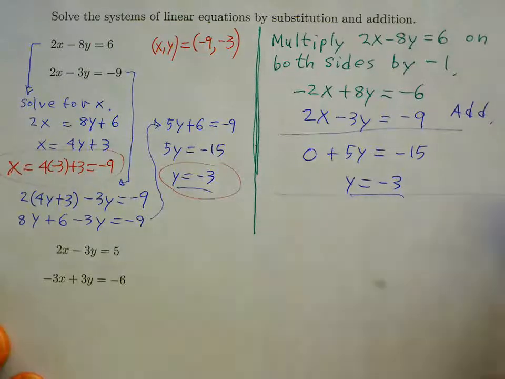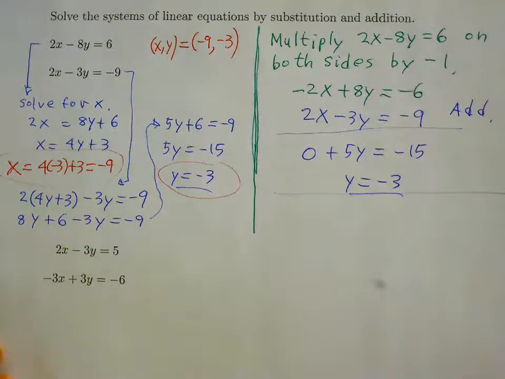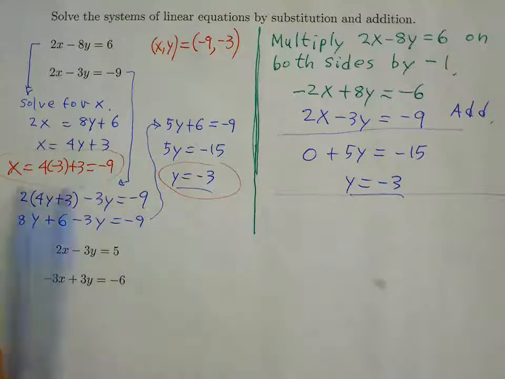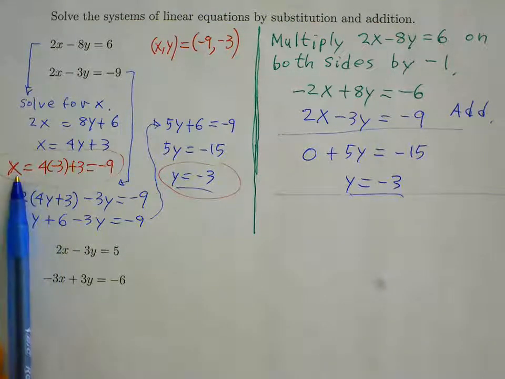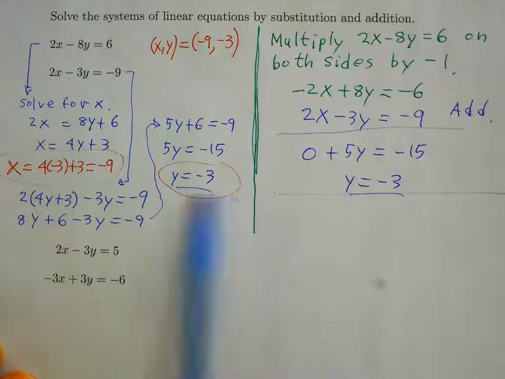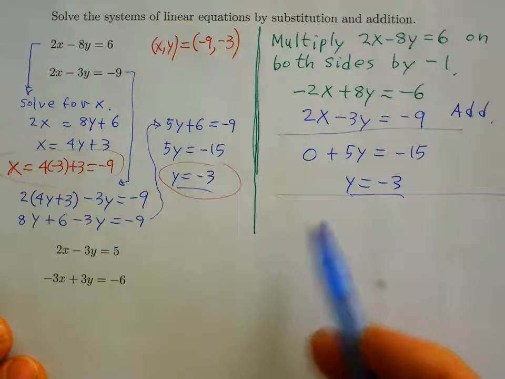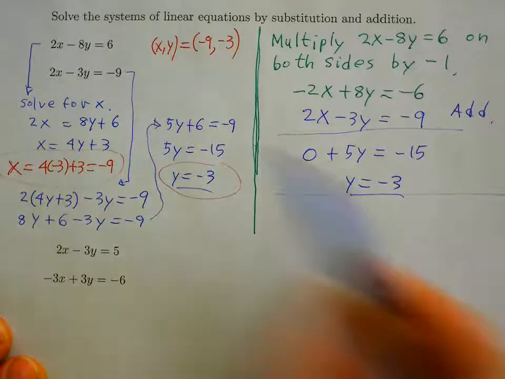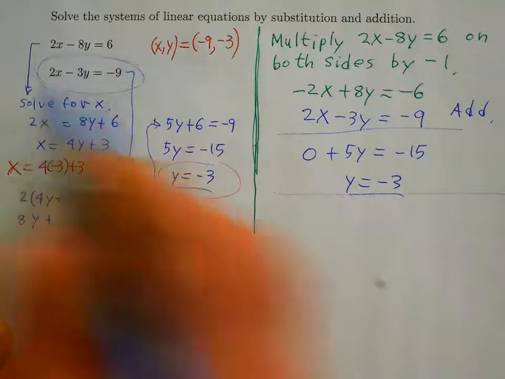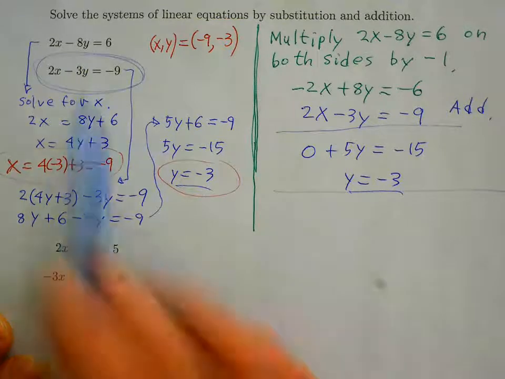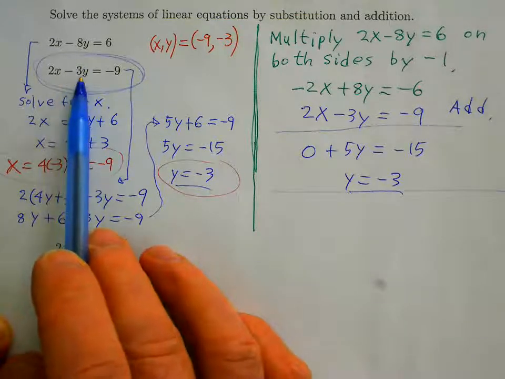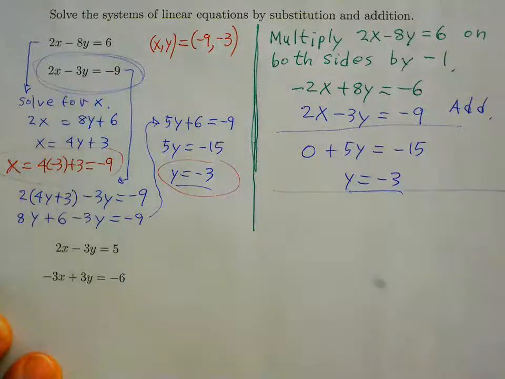And we already used substitution to find x when y is -3. But I guess we can do it again. We can pick either of the equations. I'll pick the bottom equation and replace y with -3.